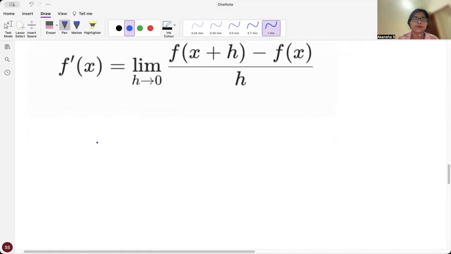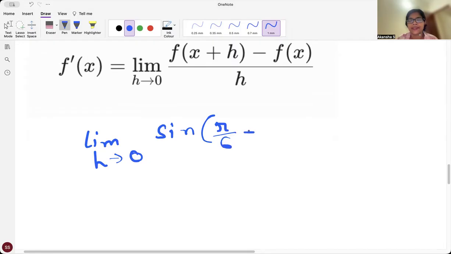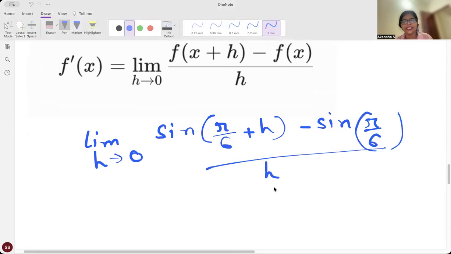For example, they may give you something like the limit as h tends to 0 of sine of (pi by 6 plus h) minus sine of pi by 6, and in the denominator, h. Now here, don't expand the trigonometry.